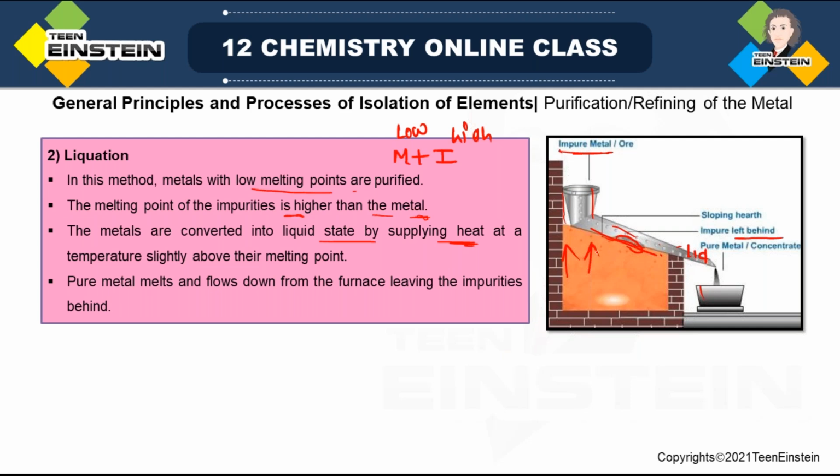Only the metal will be converted to liquid. So metals are converted to liquid state by supplying heat at a temperature slightly above their melting point, because it must be close to or slightly greater than the melting point, otherwise the metal will not be converted to liquid state. And the pure metal melts and flows down from the furnace, leaving behind the impurities.